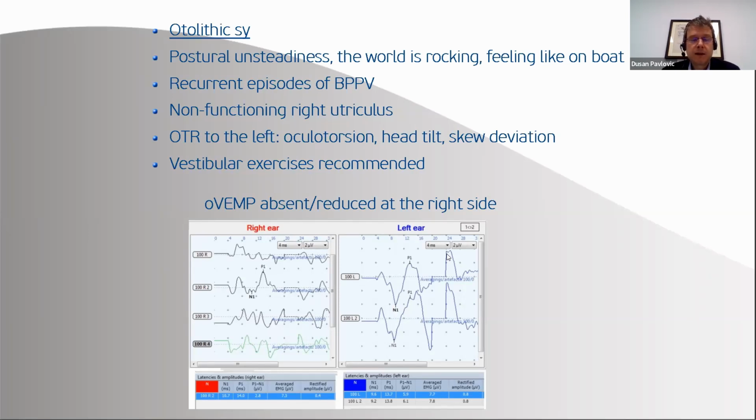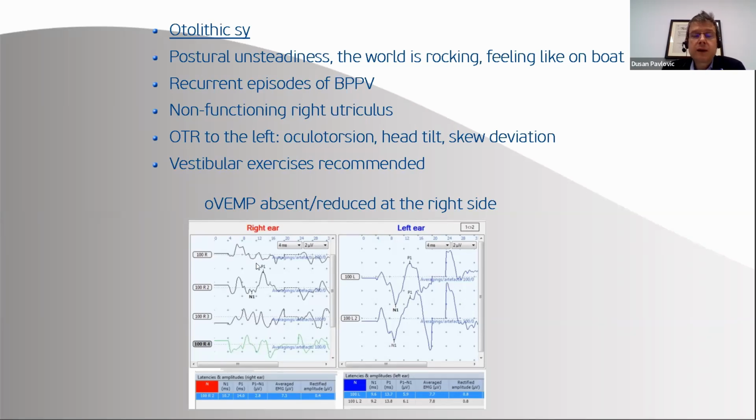And here, in this particular patient, running OVEMP, we find a reduced and absent response at the right ear and a normal response on the left side. You see just one diminished amplitude, which is not reproducible. So the right utriculus doesn't work well.